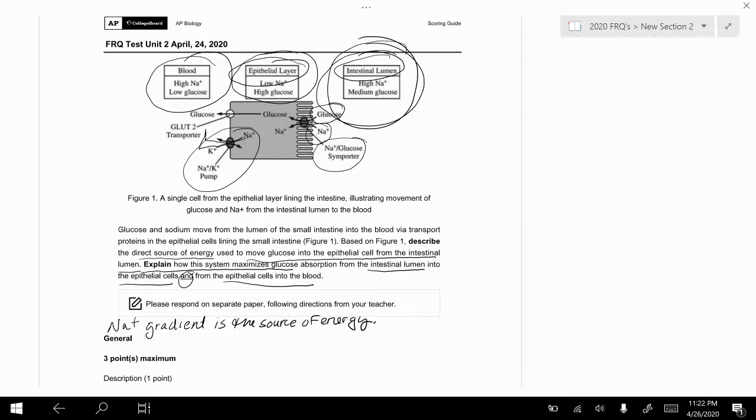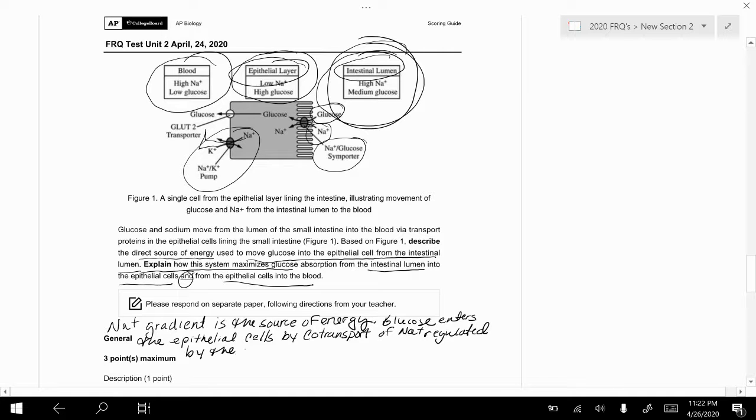All right, so basically I would say glucose enters the epithelial cells by co-transport of sodium regulated by the sodium potassium pump.